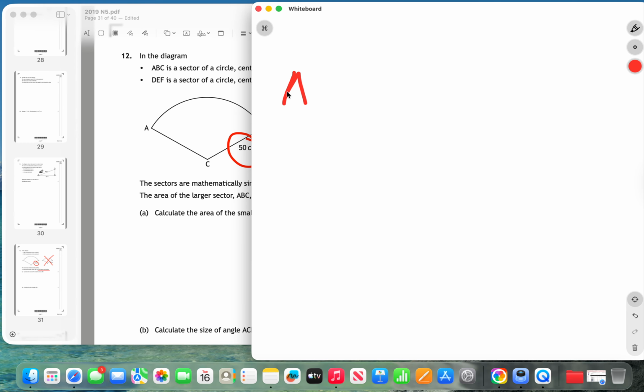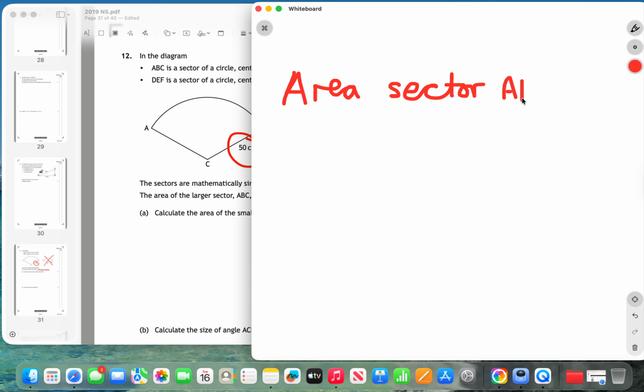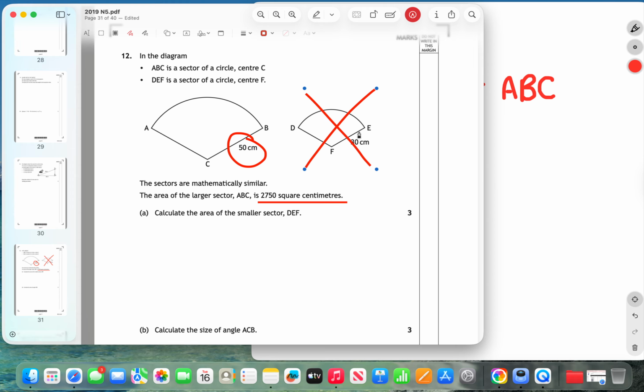So now the area of the sector ABC, instead of writing radius, we're going to write BC because we have got two radiuses.